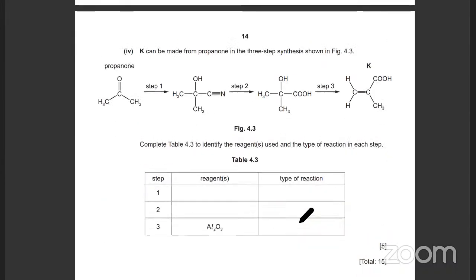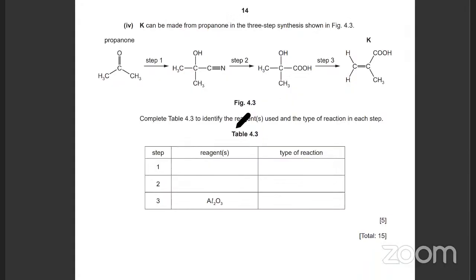As I move into the next one, we've got, complete table 4.3 to identify the reagents used and the type of reaction. So what's the first one? Step number 1. HCN and KCN. Okay, so the reagent is HCN with trace amounts of NaCN as a catalyst.